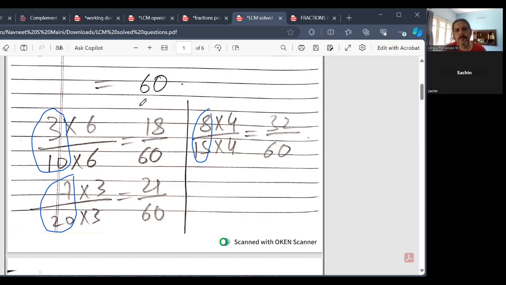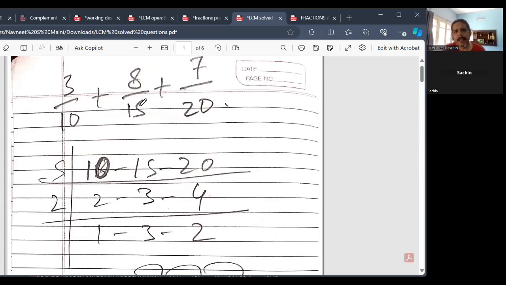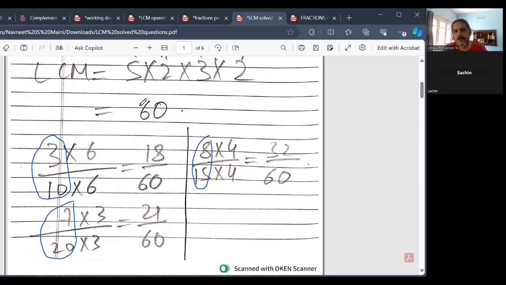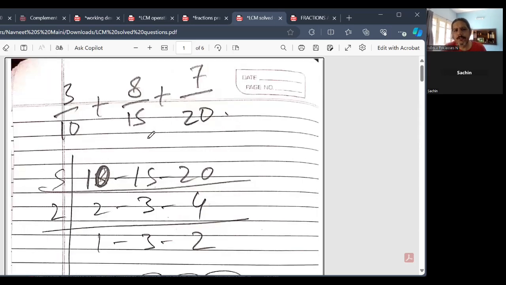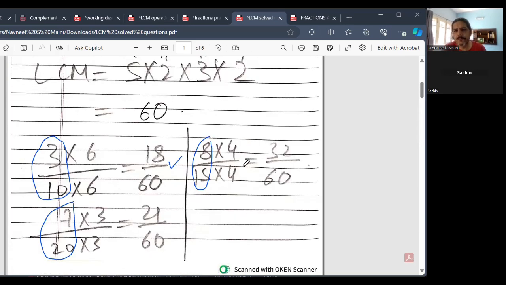For 3 by 10, you'll have to multiply and divide by 6, so it will be 18 by 60. Do we agree to this number? Yeah. After this, for 8 by 15, I'll have to multiply and divide by 4 so that I have 32 by 60. Any doubt till here? Have you got 32 by 60?